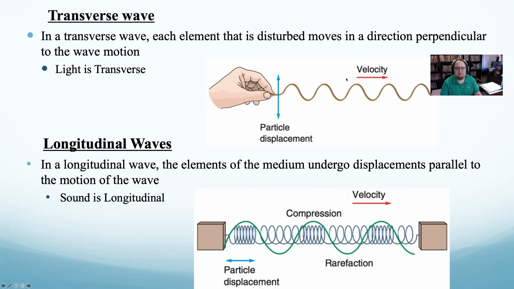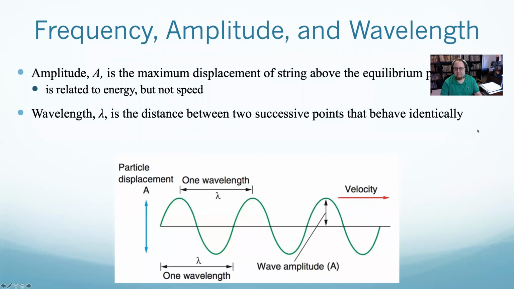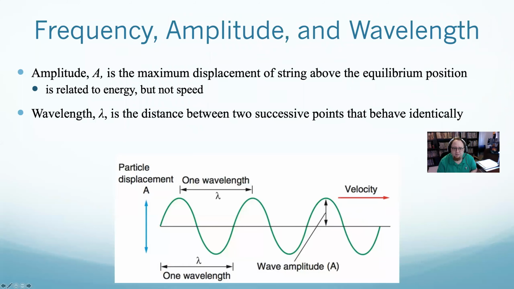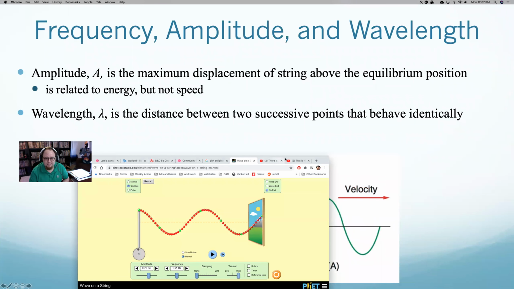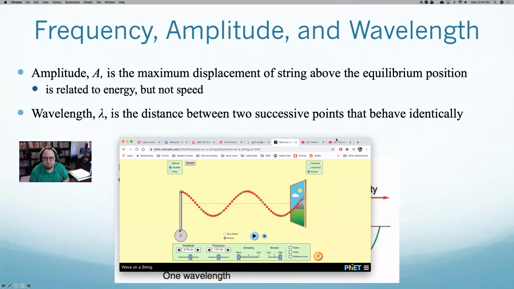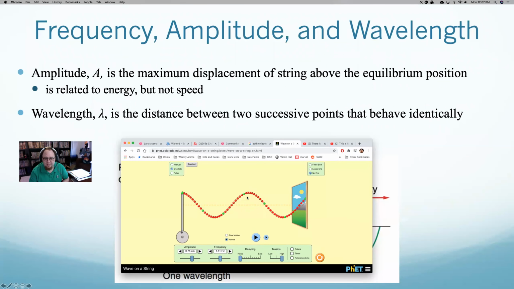Now, looking at our transverse wave, we can define a whole bunch of terms. The first two I'm going to start with are amplitude and wavelength. Amplitude is the max height from the middle to the highest point. Amplitude is literally how big the wave is.